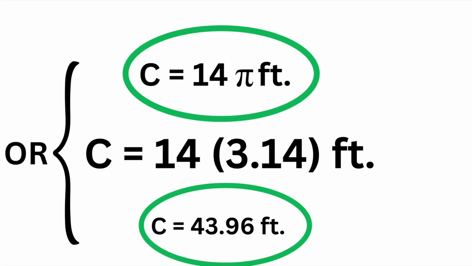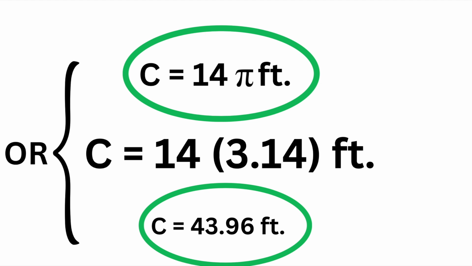So, as we had it, C, our circumference, equals 14 times pi feet. That is our answer in exact form. But if we want to have our answer in an estimated form, we could include our 3.14 into that formula and plug in 3.14 for pi.